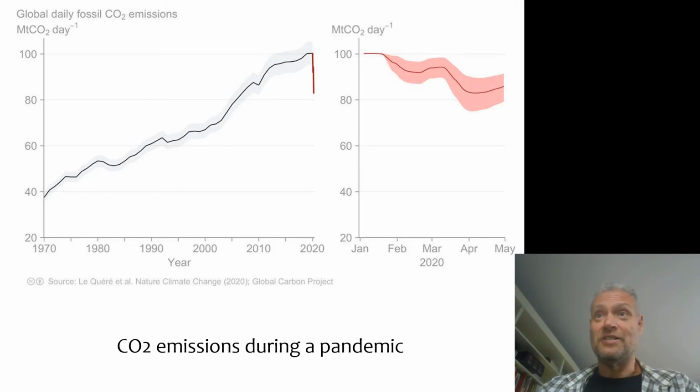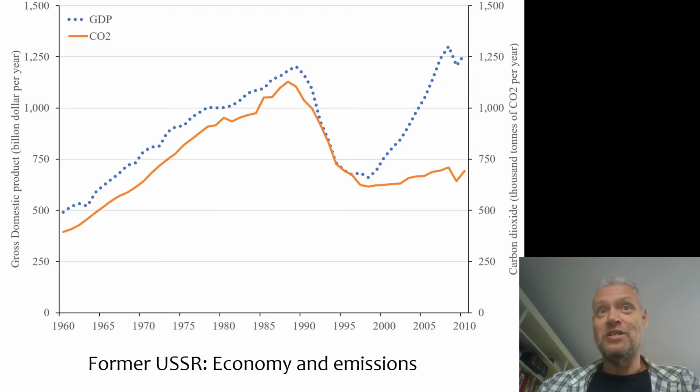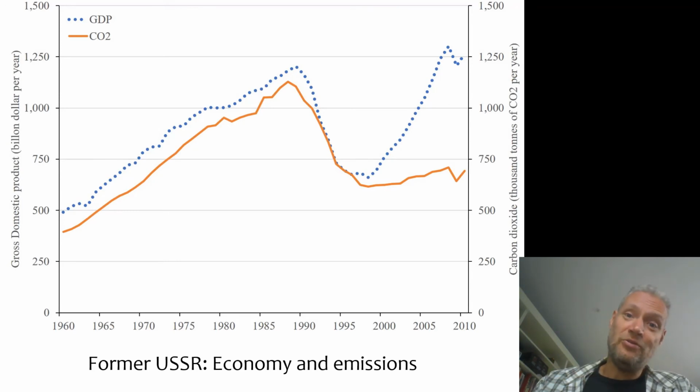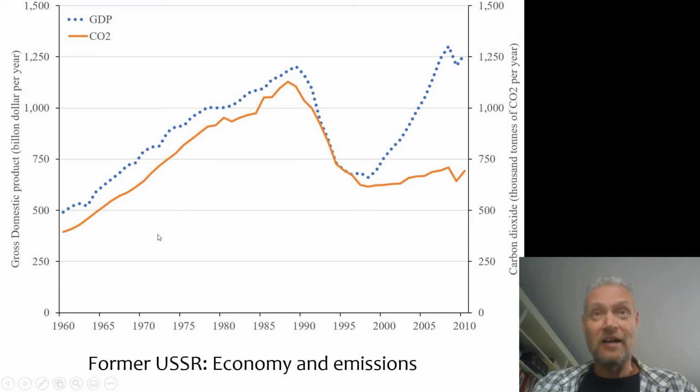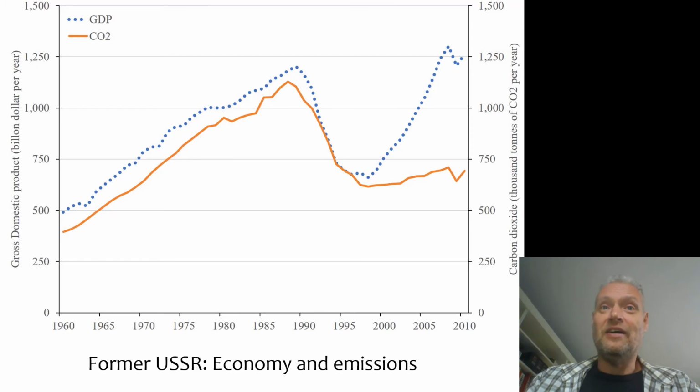There's also structural changes where sometimes an economy collapses. And here we're looking at results from the former Soviet Union, where in the orangey browny color, the solid line, you're looking at CO2 emissions, and the dotted blue line, you're looking at gross domestic product in what was then the Soviet Union, the USSR, and then in the late 1990s, the Soviet Union collapsed politically and subsequently economically.